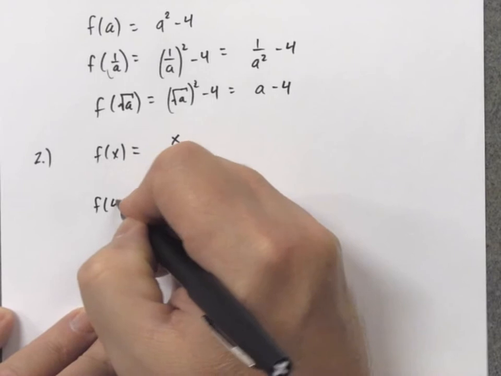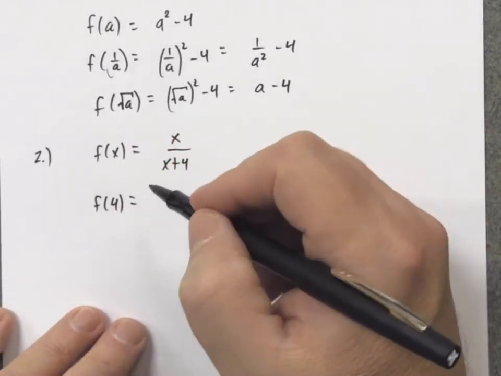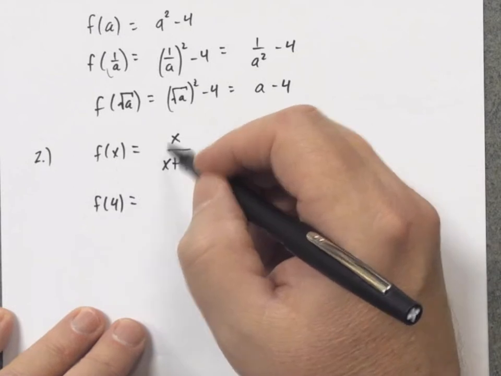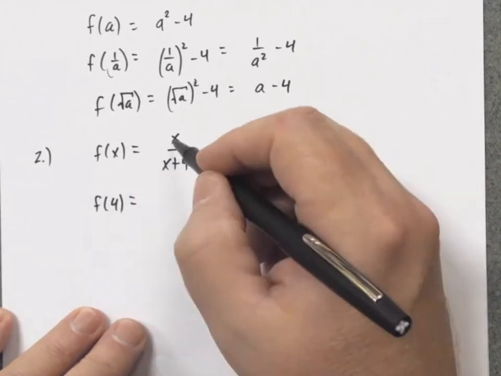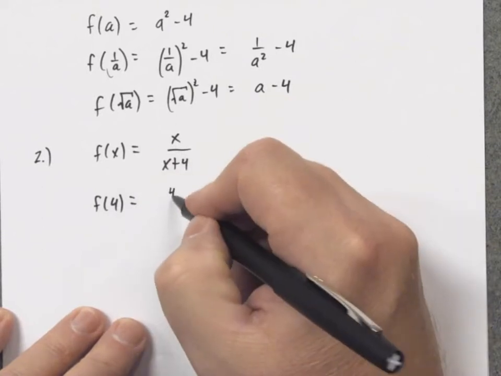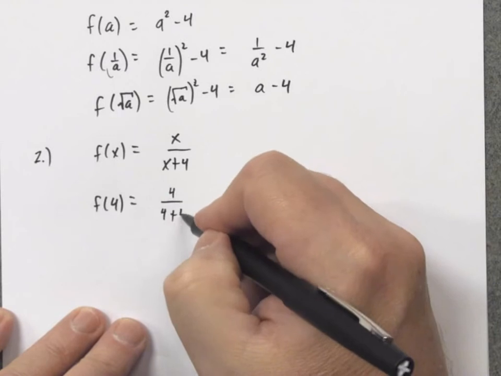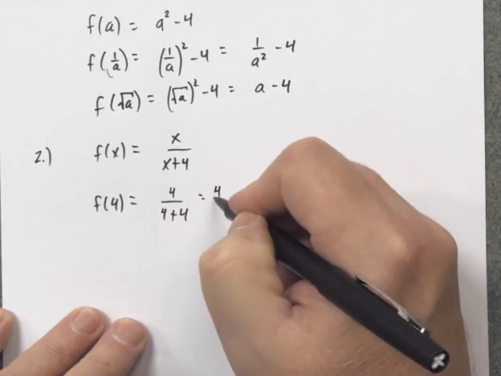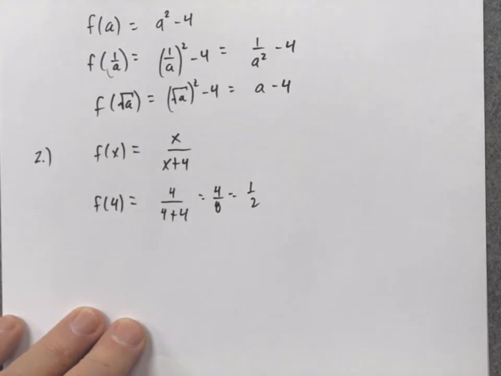And then they say, what is f of 4? Same idea. Here's my function, f of x. F of 4 says every place I have an x, replace it with 4. So 4 over 4 plus 4. 4 over 8, I will reduce that to 1/2.